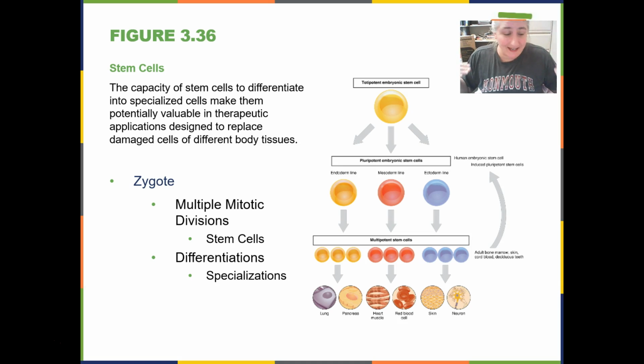Once the embryonic disc has formed, we have these cells here, right? And each of these cells is more specialized. So it still is a stem cell, but it now has only a certain number of options.